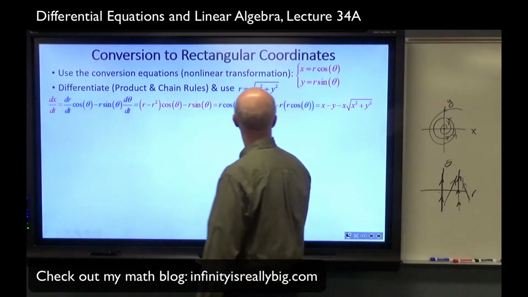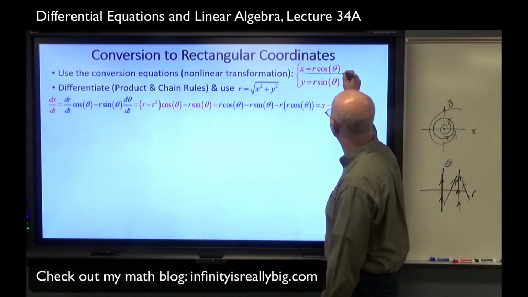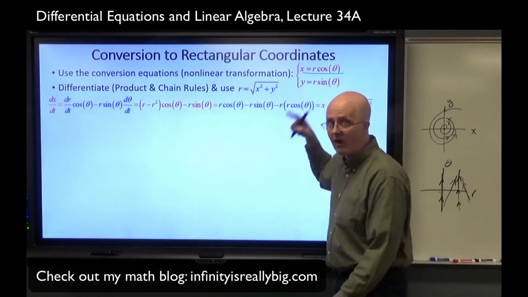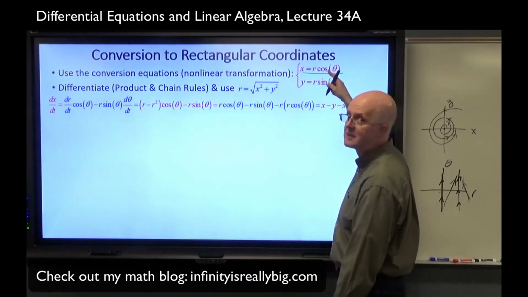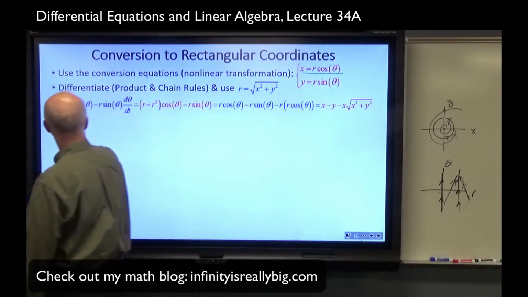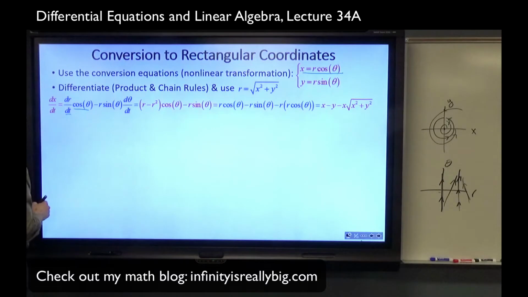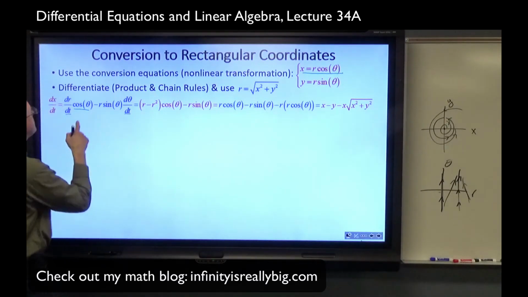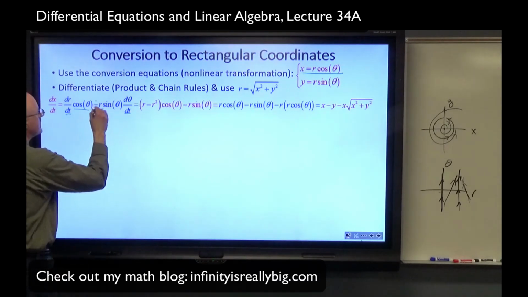In the first case, dx dt, focusing on this equation here, that's the product of two functions, r and cos theta, where r depends on t and theta depends on t. It's really an r of t times cos theta of t. So we take the derivative of the first function, dr dt, times the second function, cosine of theta, plus the first function, r, times the derivative of the second, which includes the minus sign.